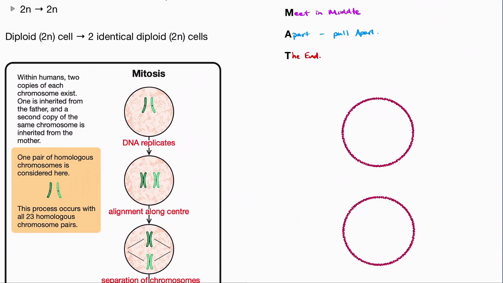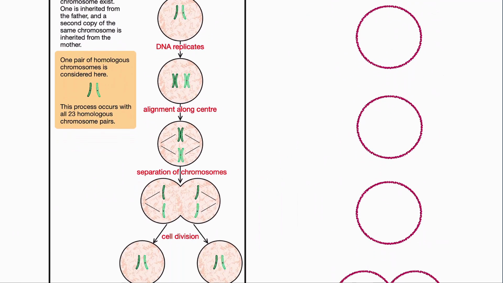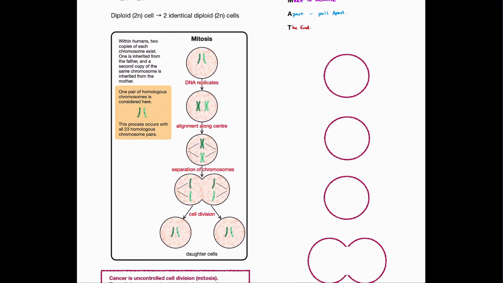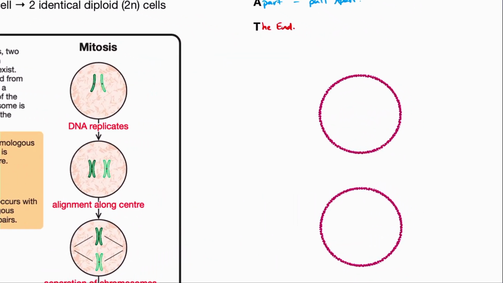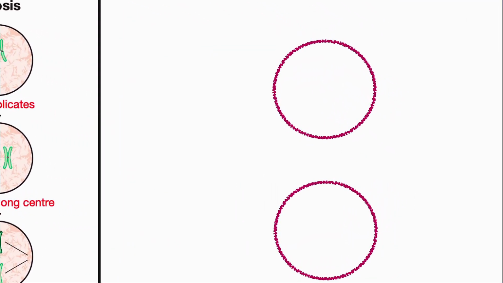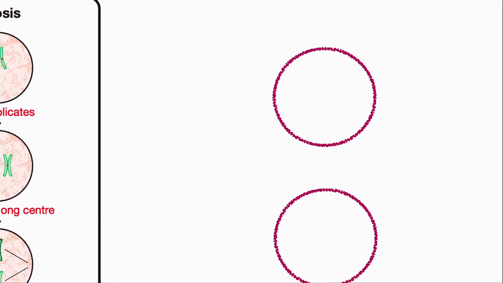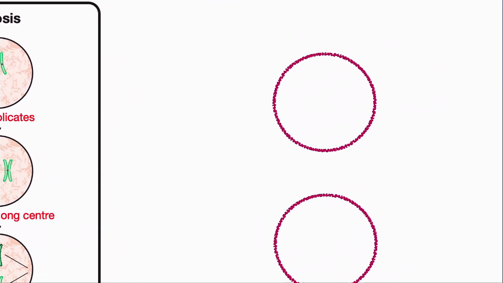All right, so we do have this nice little picture here on the left, and I'm going to draw it on the right. So let's take a look at what's going on here. First of all, we have to have DNA replication. So we're going to have our chromosomes, a pair of chromosomes.